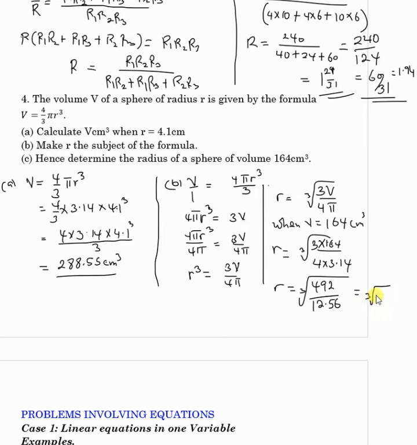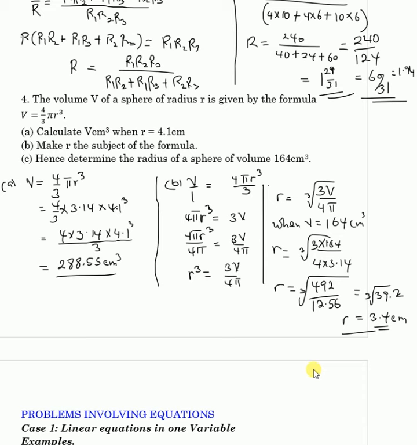This one divided by that, we get something like 39.2. Now we get the cube root of that, and we get something like 3.4. So r is equal to 3.4 centimeters.